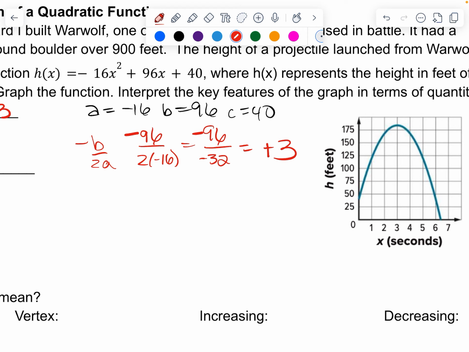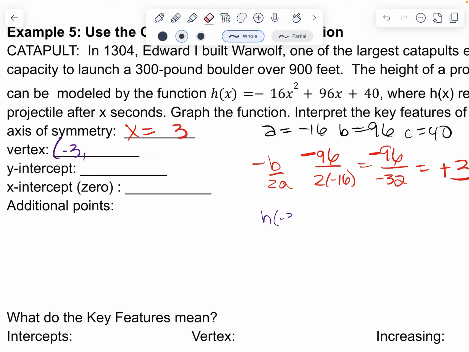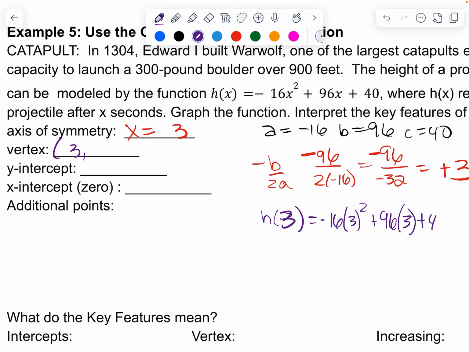That's +3. Well, look at that. Then, if I was to plug in 3, so h of 3 equals -16 times 3 squared plus 96 times 3 plus 40.